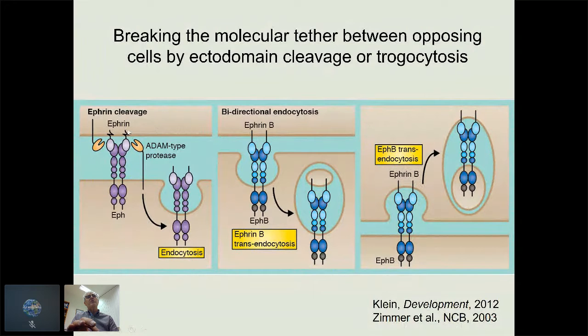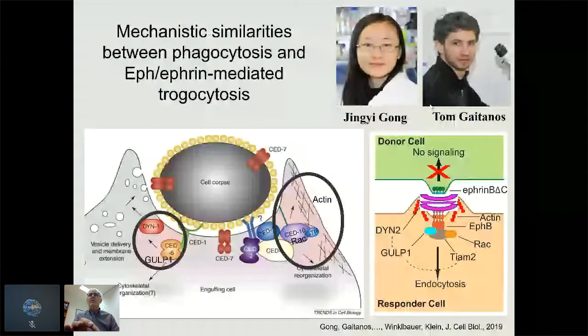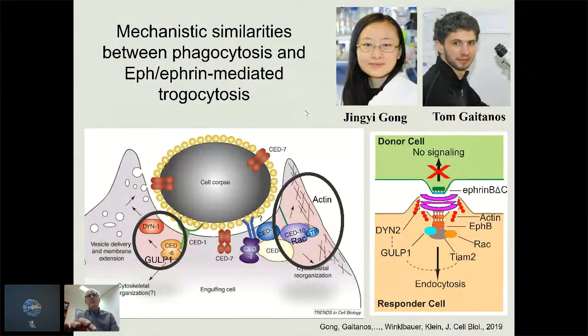And I should say that for the GPI-anchored ephrin-As, it is more often the case that ADAM-type proteases are activated and cleave the active domains of either the ephrin or the Eph receptor. So in work which was done by these two postdocs in the lab, Jinji Gong and Tom Gaetanos, who have since moved on, and which we published in JCB last year, we've actually characterized the downstream signaling events in the Eph-ephrin cells and compared it to phagocytosis.